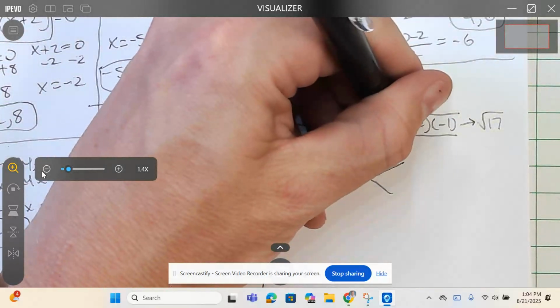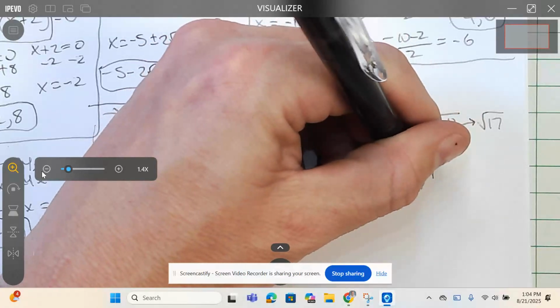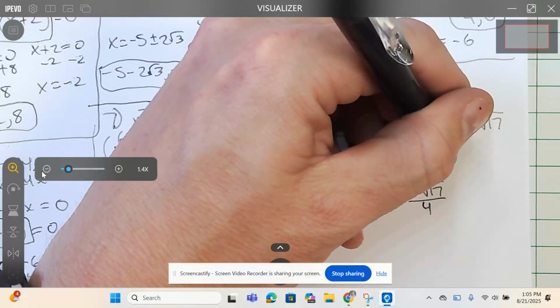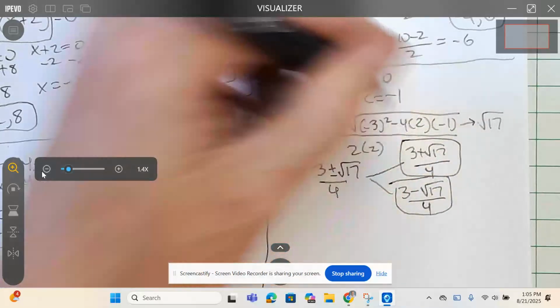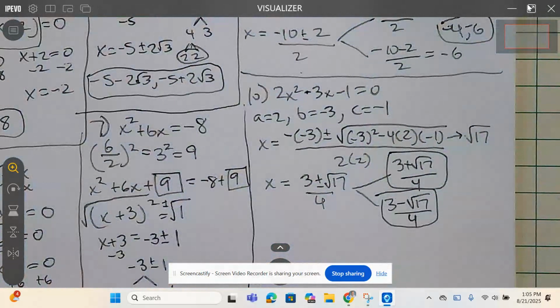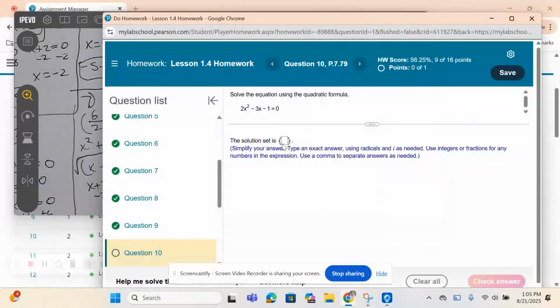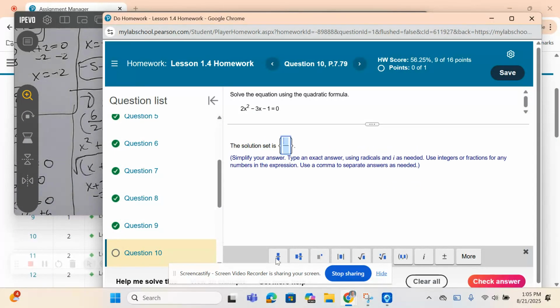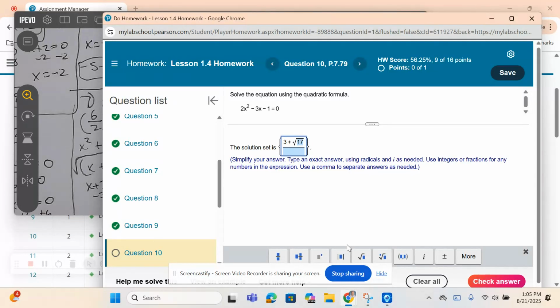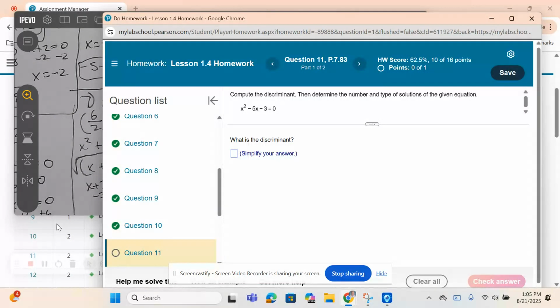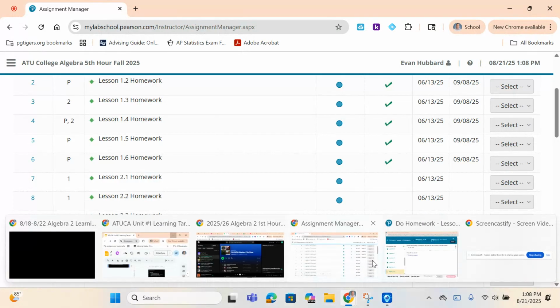So I'm going to have two different answers here. 3 plus the square root of 17 divided by 4. 3 minus the square root of 17 divided by 4. It's not a perfect square.